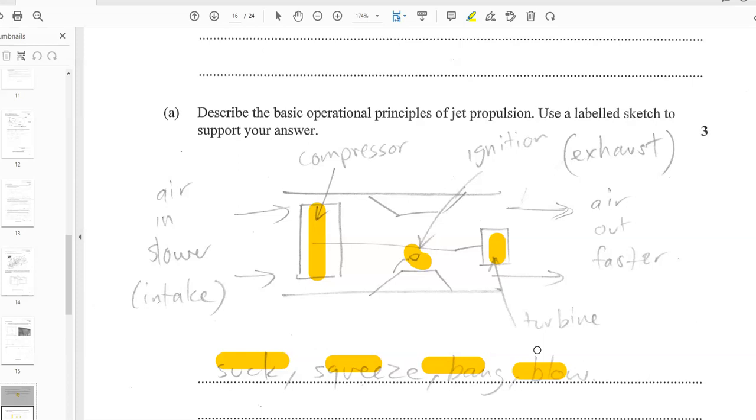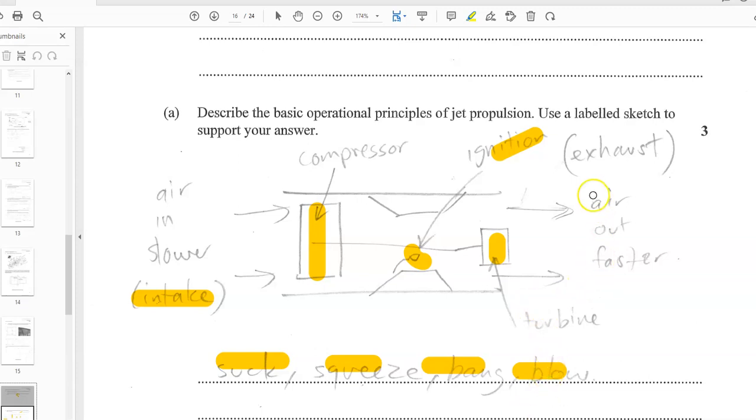If you say instead, the air is compressed or drawn in and compressed, right? The intake is drawn in, compressed is squeezed, bang is anything that talks about the ignition or combustion process, or the power is generated from burning the fuel.